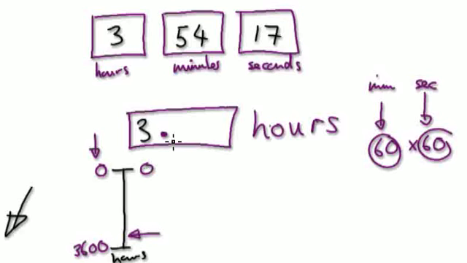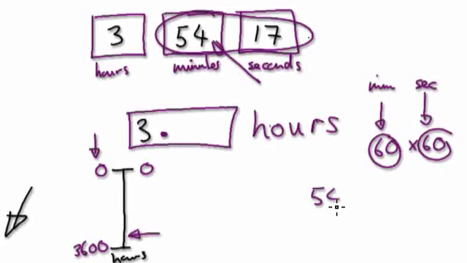Okay, and then on this side here, express this in terms of seconds. Just work everything in seconds. So now 54 minutes, and if there are 60 seconds in 1 minute, then get this times 60.